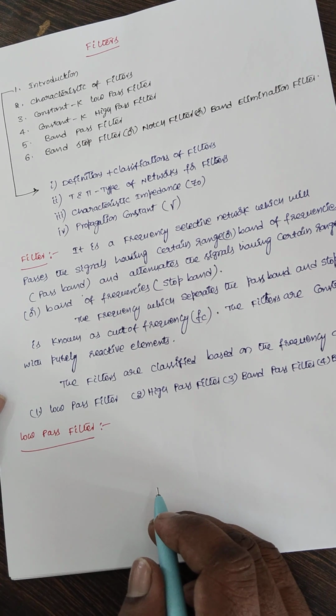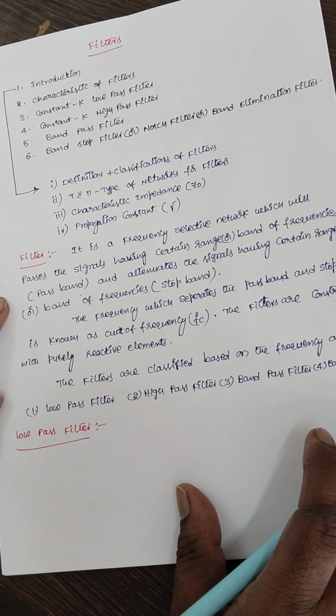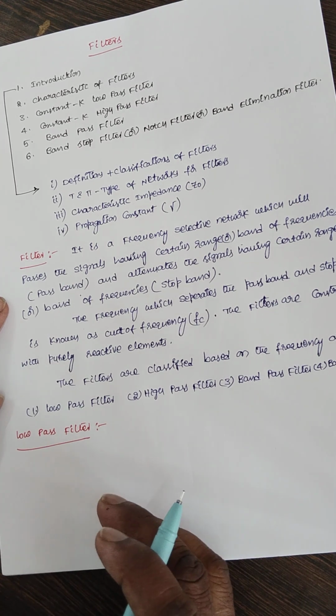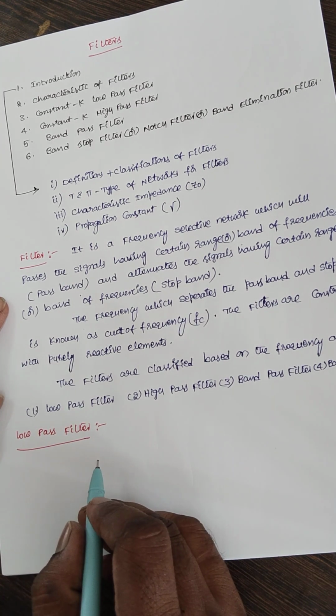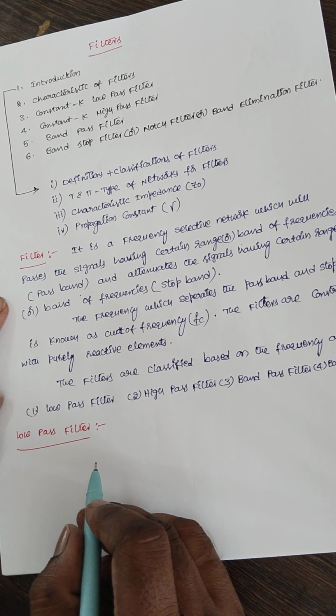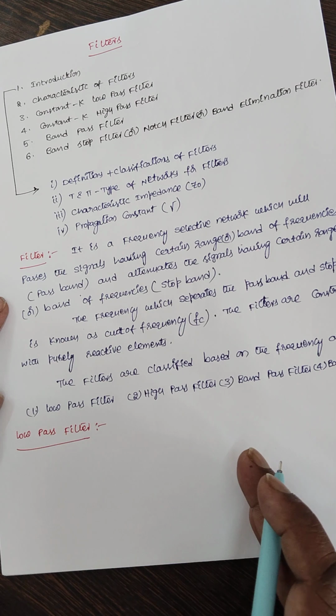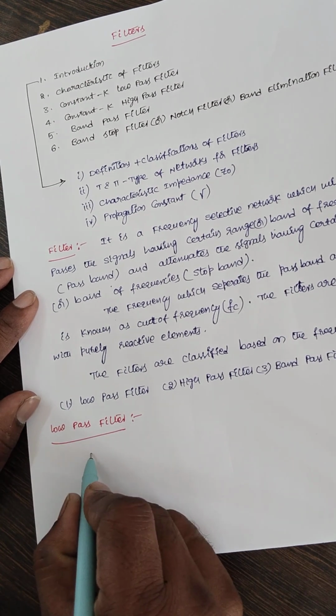Simply we can define it like this: it is a filter which allows the signals with frequencies ranging from 0 to a certain frequency, and that certain frequency is nothing but the cutoff frequency. So let me draw this.